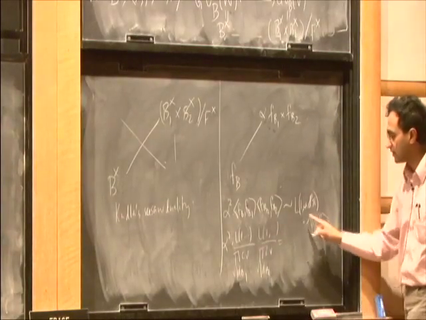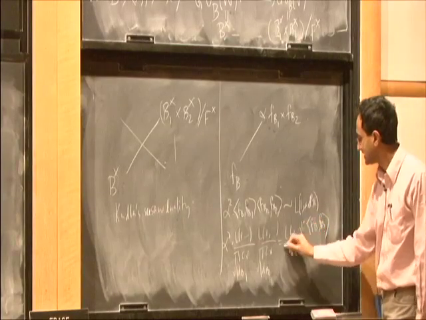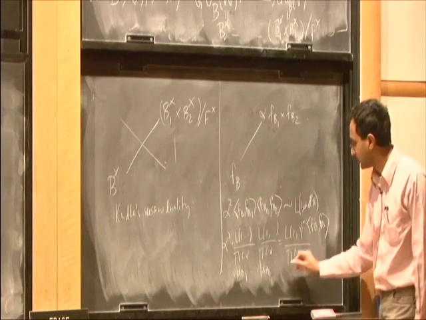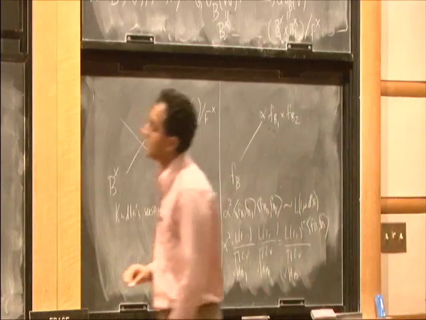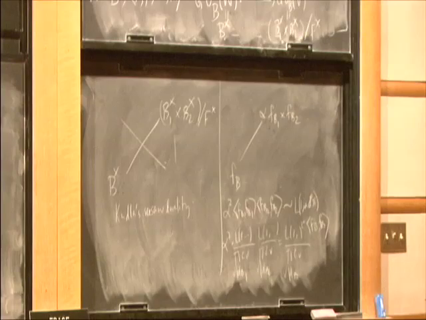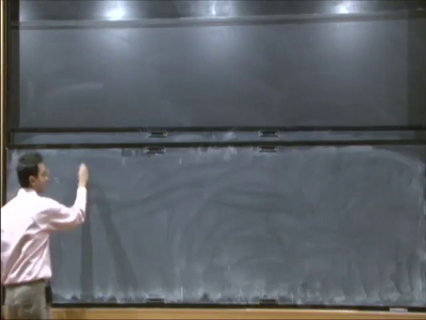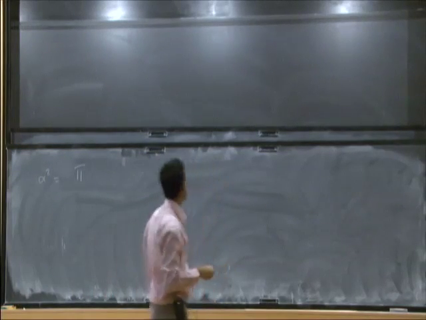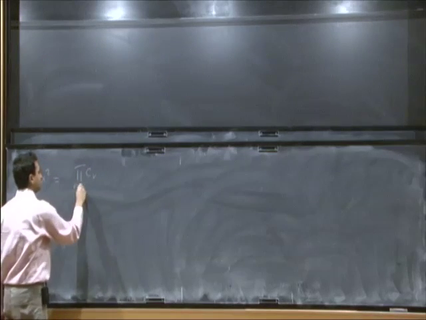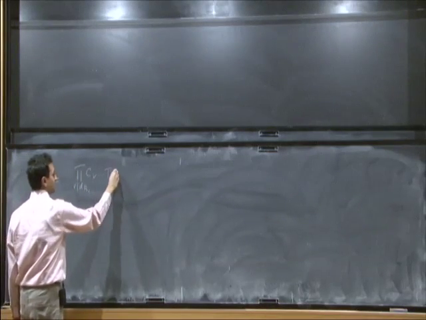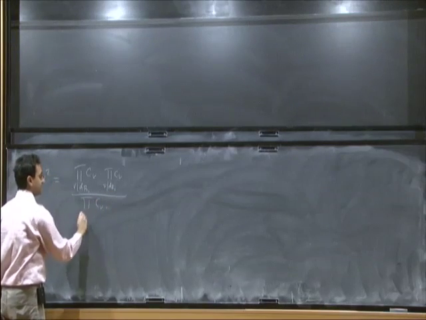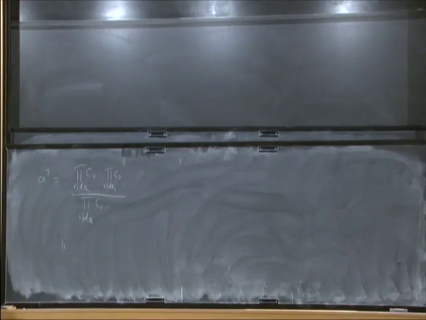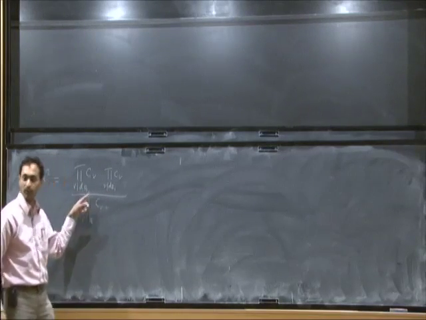And on the right hand side, you get the adjoint L value twice, divided by the product of the CVs, where V divides the discriminant of B. So you see what alpha squared has to be: the product of the CVs, where V divides the discriminant of B1, times the product of the CVs, where V divides the discriminant of B2, divided by the product of the CVs, where V divides the discriminant of B.